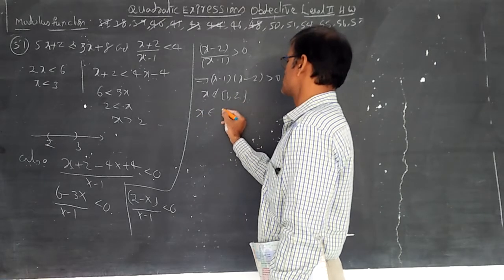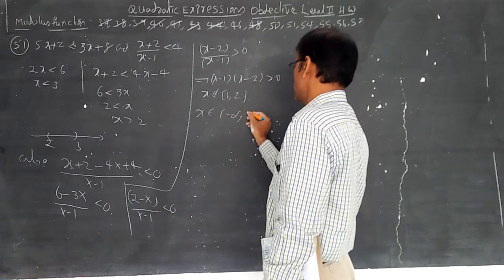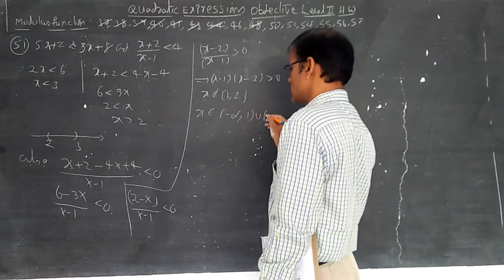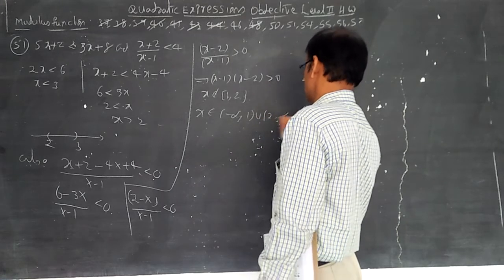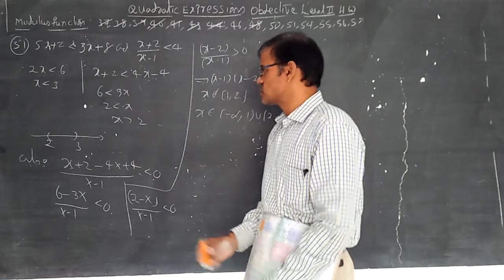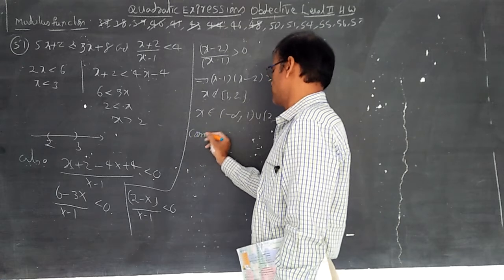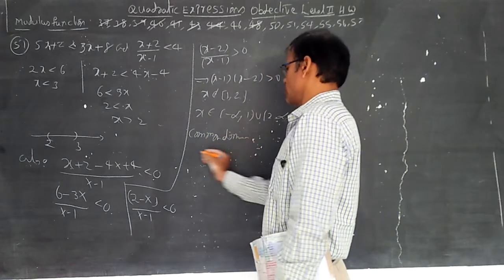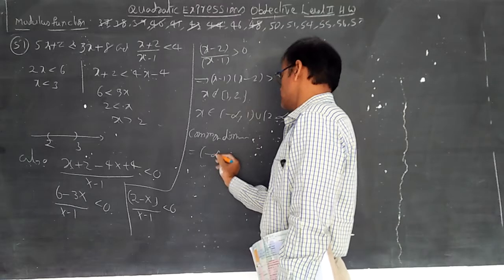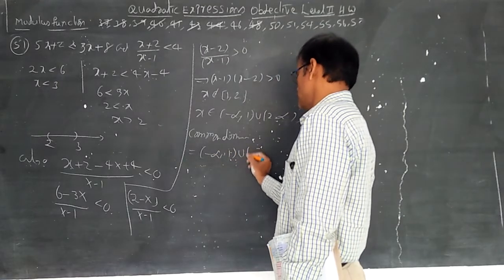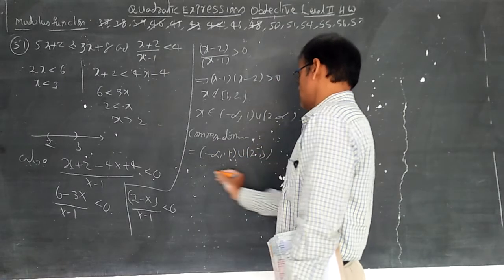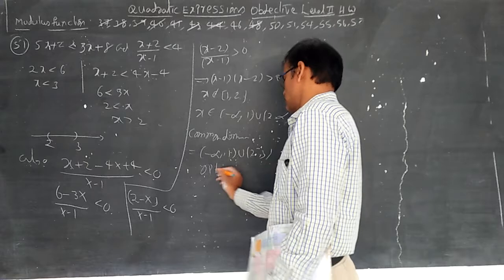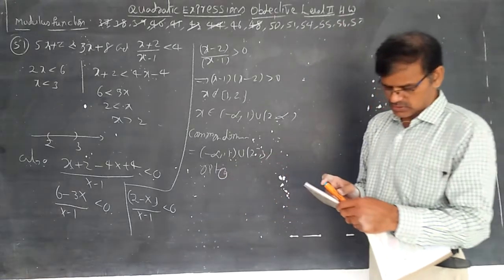So x belongs to minus infinity comma 1 union 2 comma infinity. This much is there. So, common domain now. Common domain is minus infinity comma 1 union 2 comma 3, option 2. Option 2 is the correct answer.